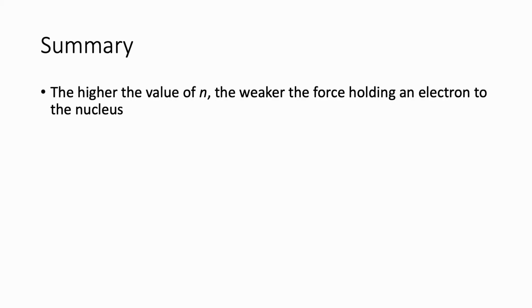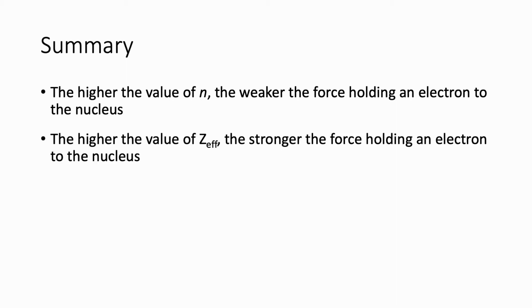The higher the value of the principal quantum number, the bigger the distance between valence electrons and the nucleus, and therefore the weaker the force holding an electron to the nucleus. The higher the value of the effective nuclear charge, the stronger the force holding an electron to the nucleus, because that's basically the charge that you put in for Q1 in Coulomb's Law.